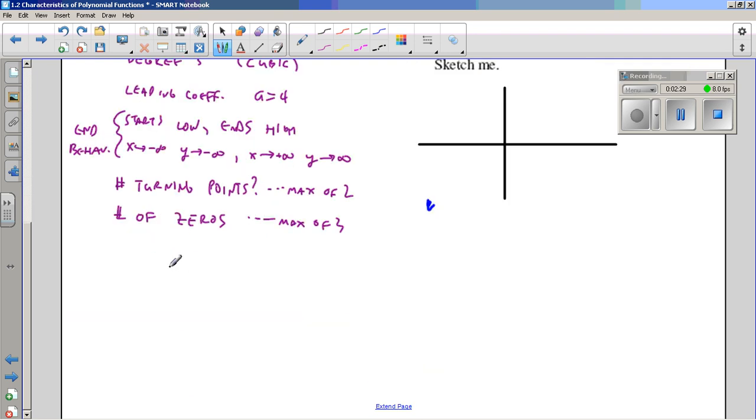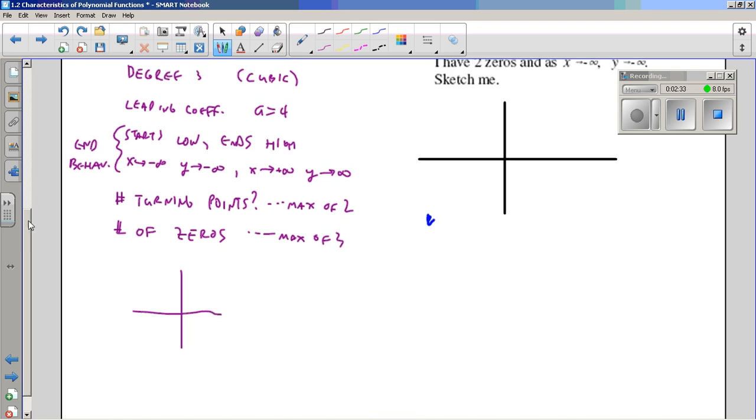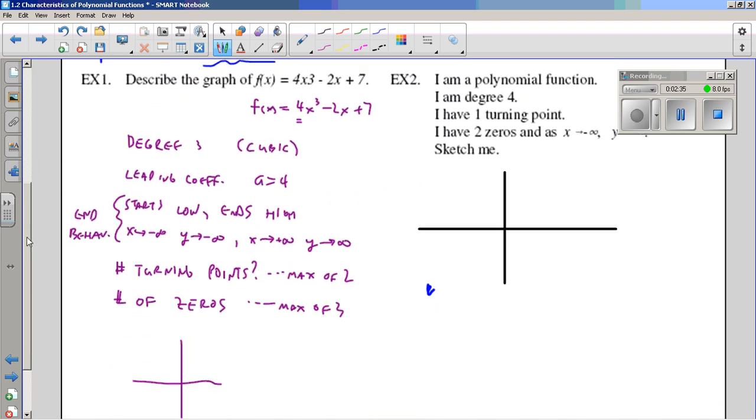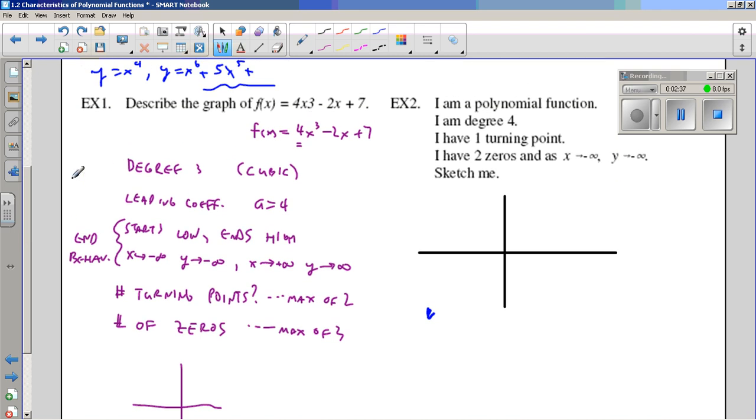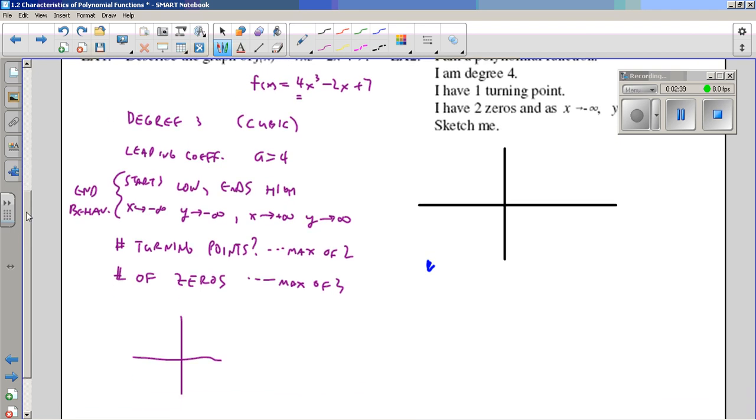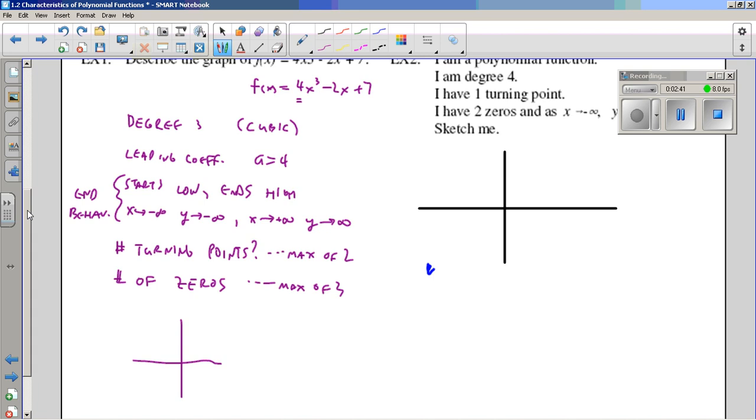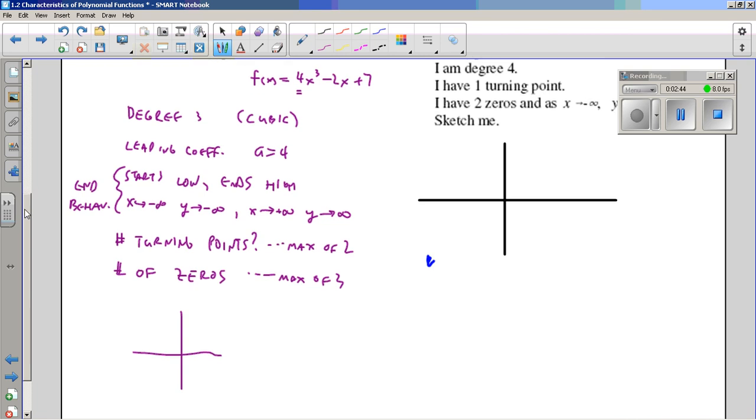If we are actually asked to sketch this, we could try substituting in and getting a table of values, grade 9 style, but we want to be able to do this very quickly. What do we know? We know it starts low and ends high.